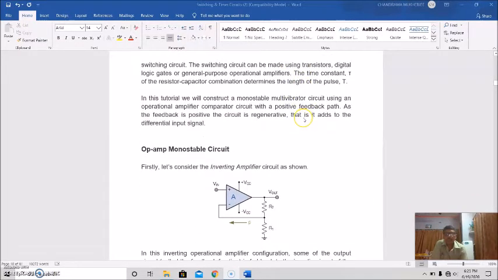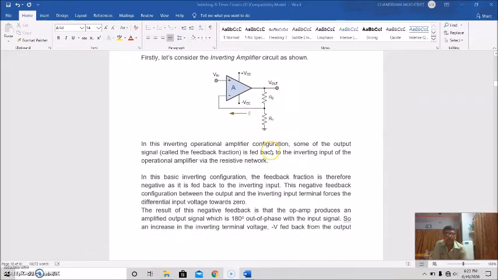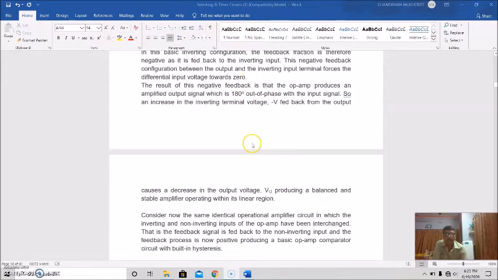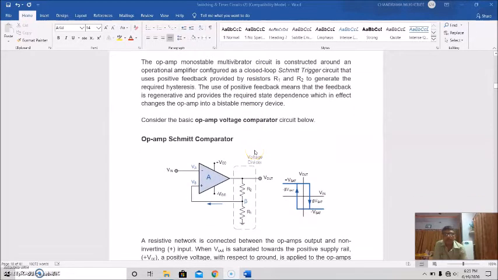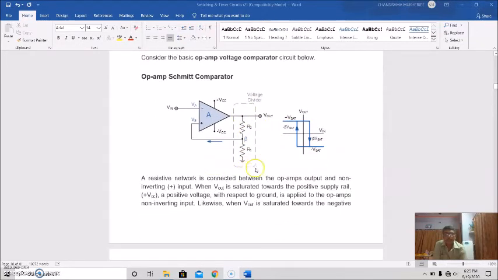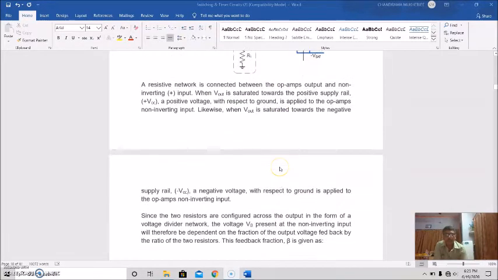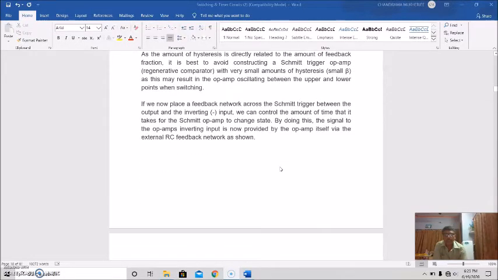Now we discussed the monostable circuit starting from the inverting amplifier, and this is the feedback fraction beta. This is the voltage divider circuit. Then we changed this feedback from the inverting to the non-inverting input, and that gave us the study of the Schmitt comparator, which we discussed in detail. Then we found the feedback fractions and the time period.